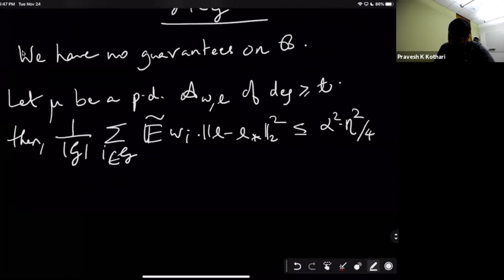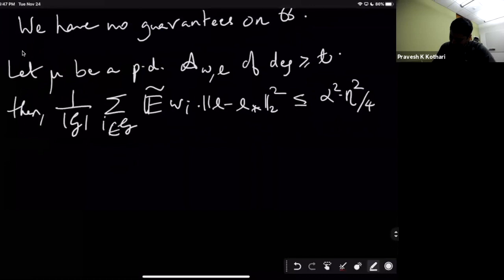And now see what's going to happen. Notice that this mu is a pseudo distribution over both W and L. So we have a cubic polynomial appearing in the variables of the pseudo distribution here. We're going to observe that Wi equals Wi square, because this is a constraint in AWL.